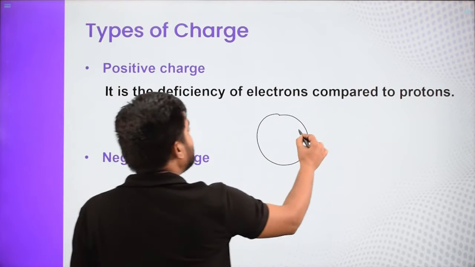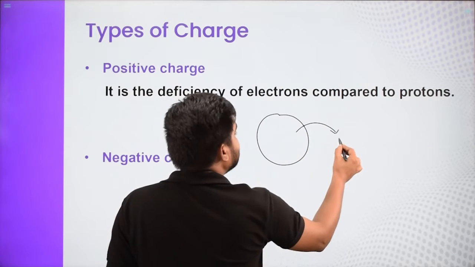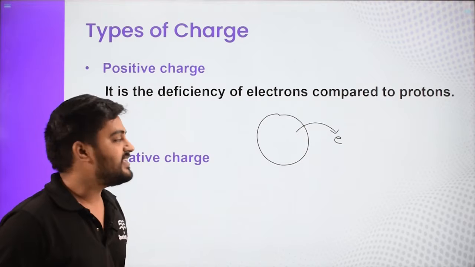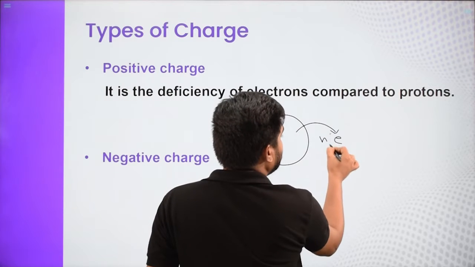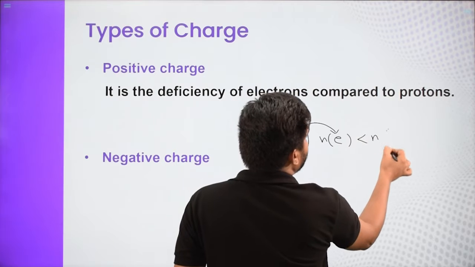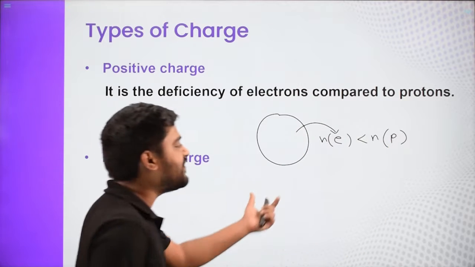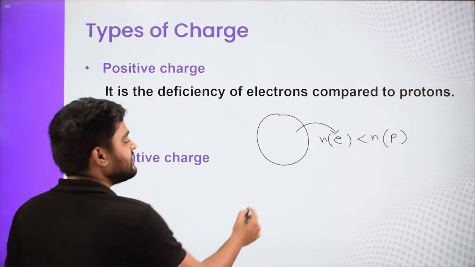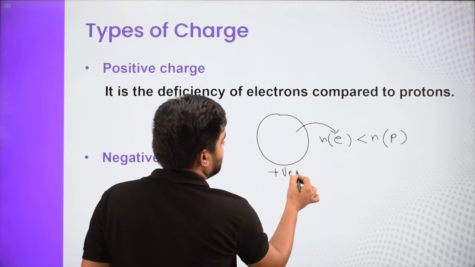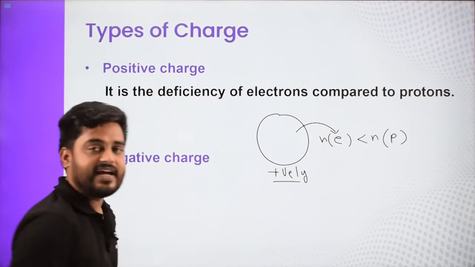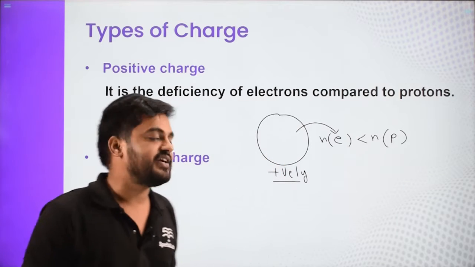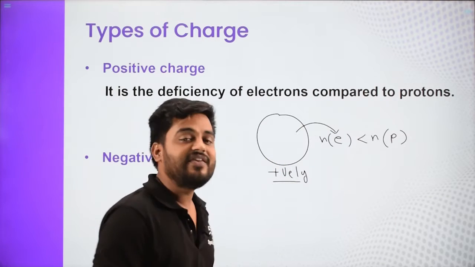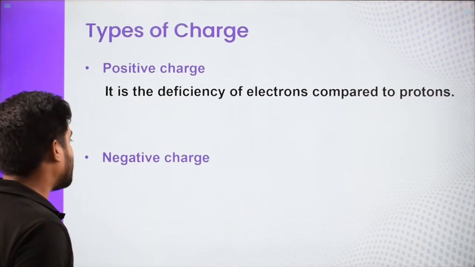So if some of the electrons leave, then the number of electrons becomes lesser. So the number of electrons will become less than the number of protons, and hence we will say the object is now positively charged. So if there is a deficiency of electrons, meaning fewer electrons when compared to protons, then we will say the object is positively charged.